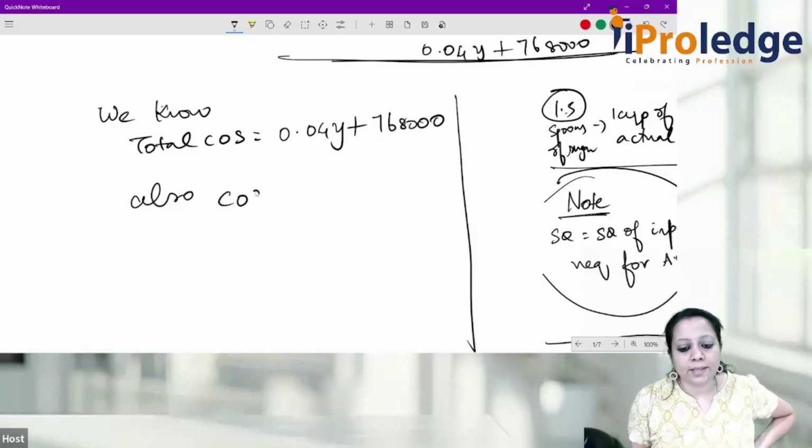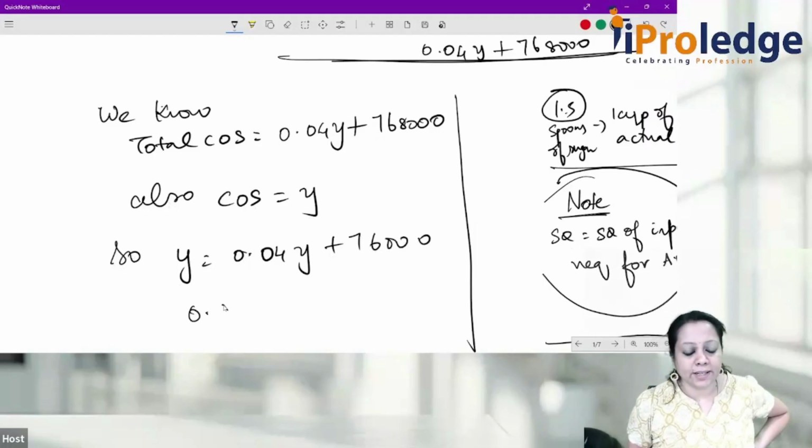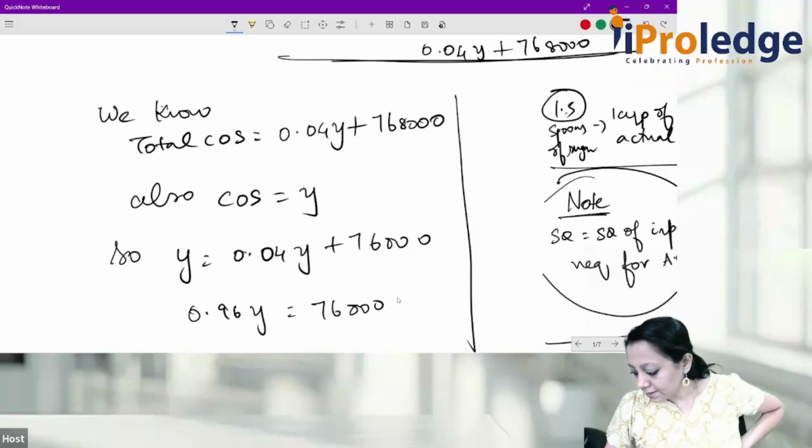Also, COS is equal to Y. So, Y is equal to 0.04 Y plus 7 lakh 68,000. If 0.04 comes this side, it will be 0.96Y is equal to 7,68,000. So 7,68,000 divided by 0.96.